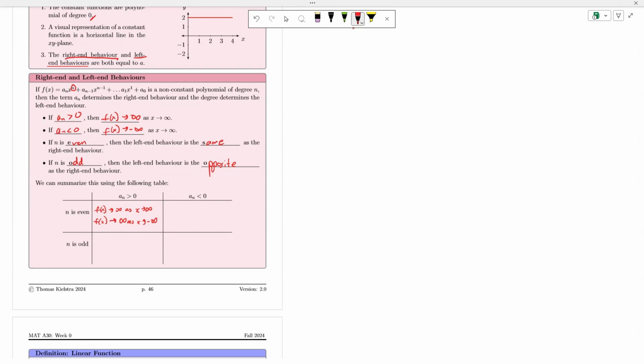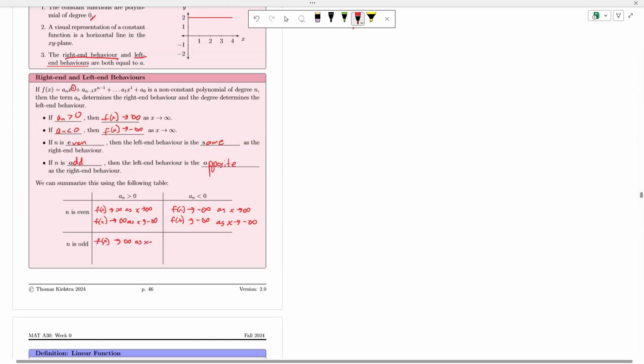Well, if a_n is less than 0, then f of x approaches minus infinity as x approaches infinity, and f of x approaches minus infinity as x approaches minus infinity. If n is odd, then f of x approaches infinity as x approaches infinity, but f of x approaches minus infinity as x approaches minus infinity.